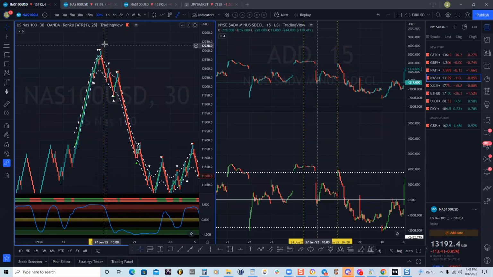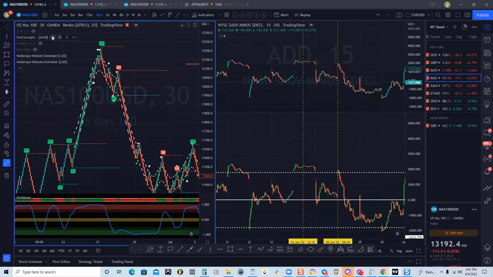You've got these two arrows here, and this is a true reversal because you got that long stem there. You might have to change the bricks to get the arrows. If I don't use any other pro concept, I'm going to use this. That right there told me it's a higher high.